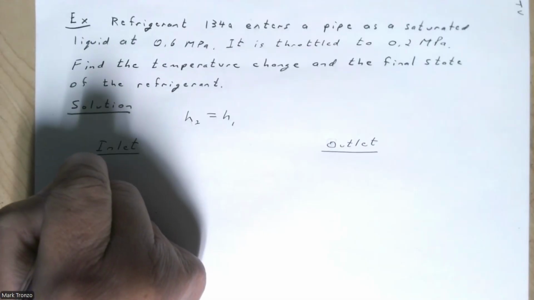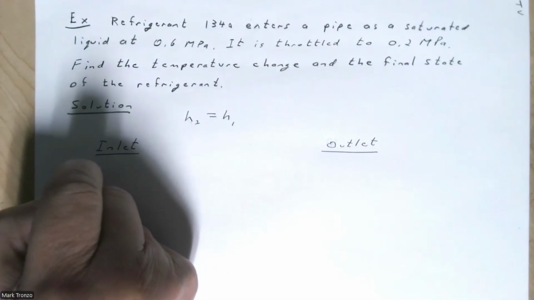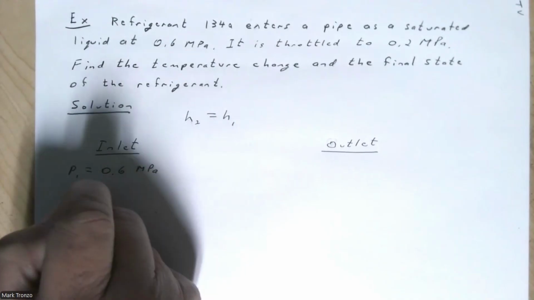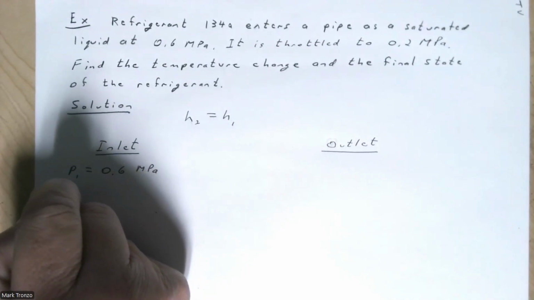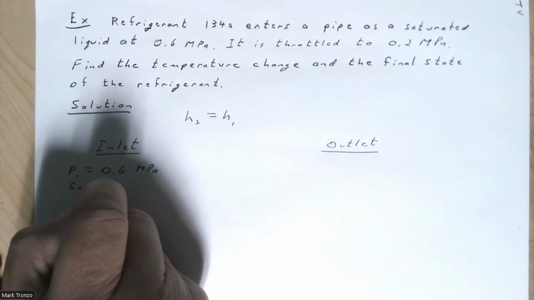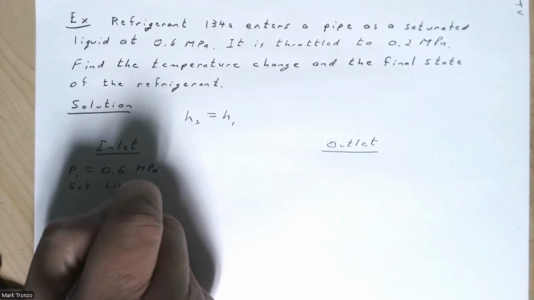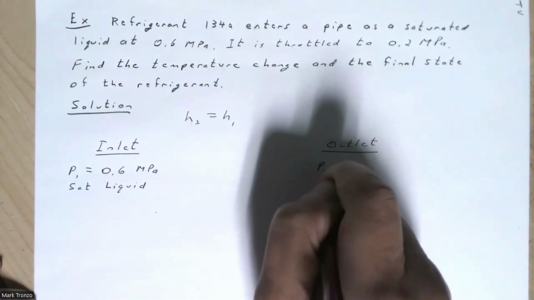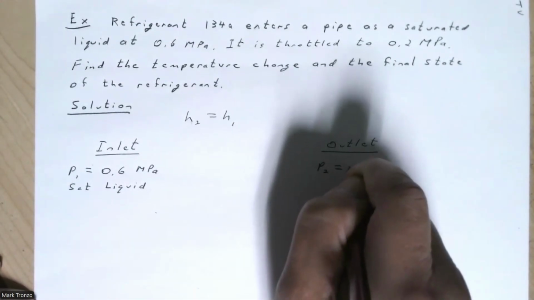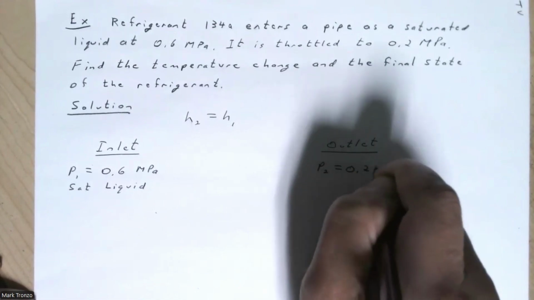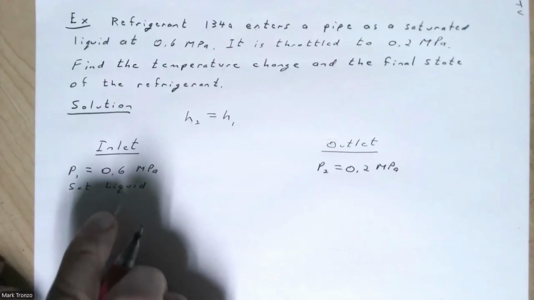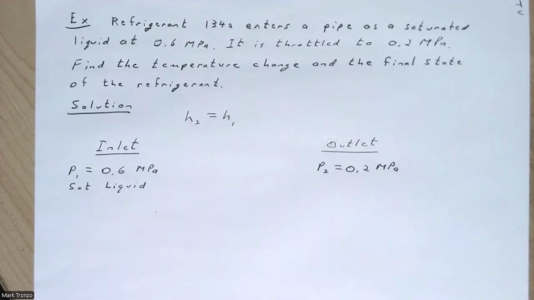Again, the inlet is 0.6 MPa, and we know it's a saturated liquid. And the outlet is at 0.2 MPa. And so we can look some of these values up in the table.